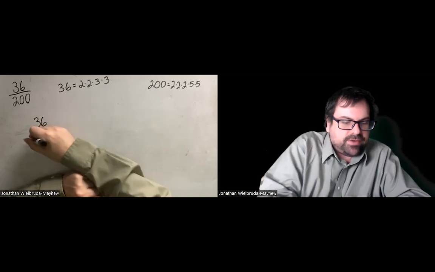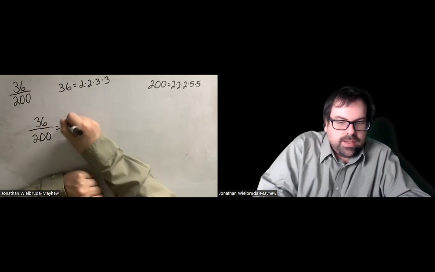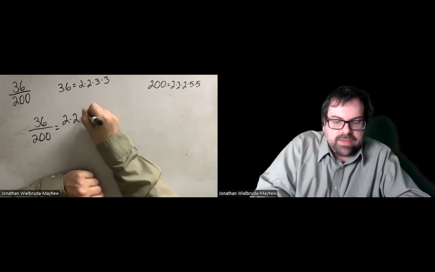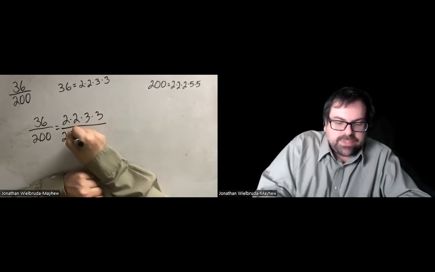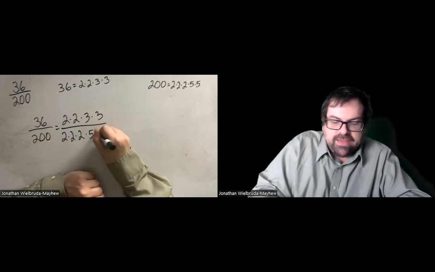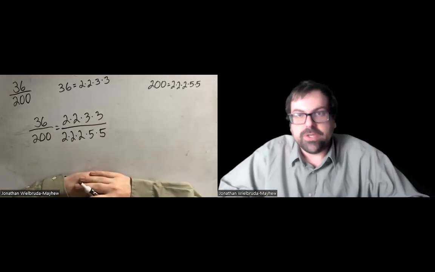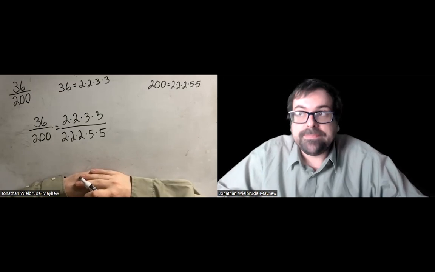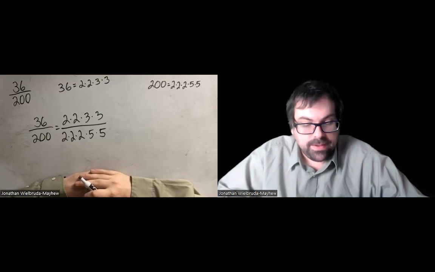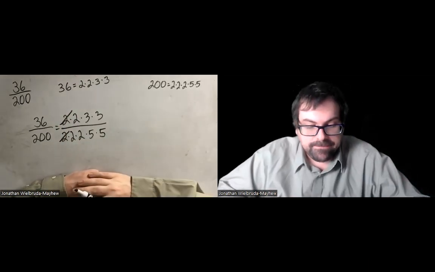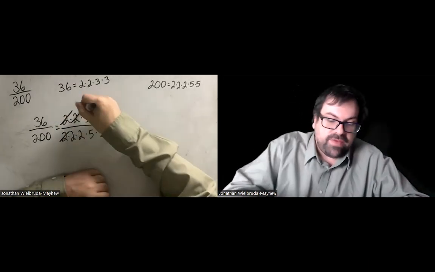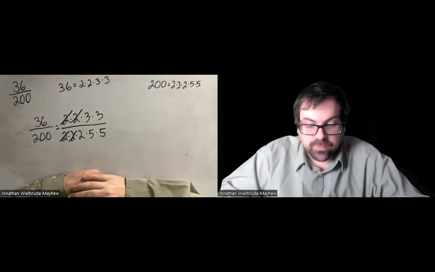So 36 over 200 is 2 times 2 times 3 times 3 over 2 times 2 times 2 times 5 times 5. We just made the replacements. We have a factor of 2 on the top that can cancel with 1 on the bottom. We have another factor of 2 on the top that can cancel with 1 on the bottom.